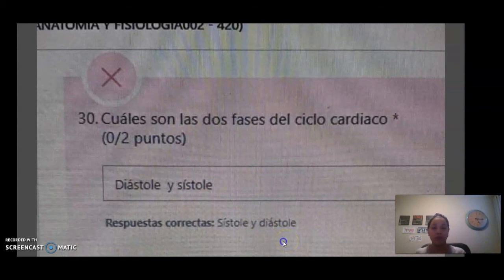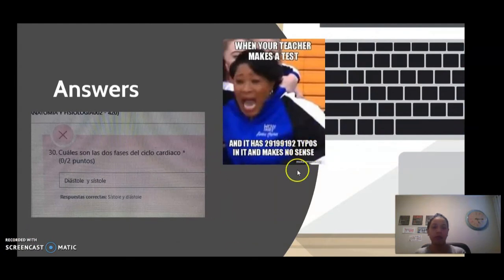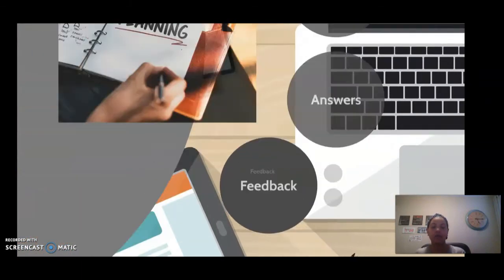And just because of that, it was wrong, right? And you also, as a teacher, shouldn't have lots of errors or typos, okay, and everything must make sense.